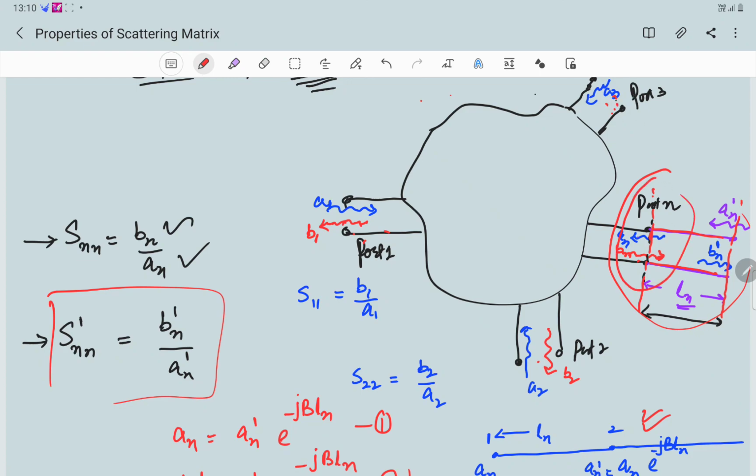As I said, S3n will change, S2n will change, S4n will change, etc. They all will change so far as the S parameters involving port n are considered. So this is all we have in this lecture. Thank you.